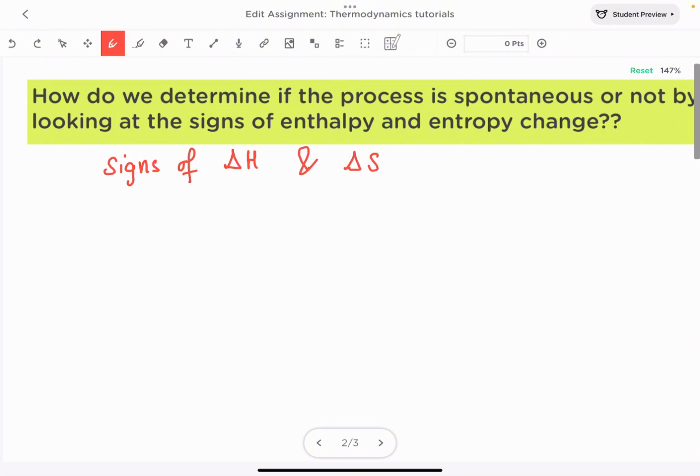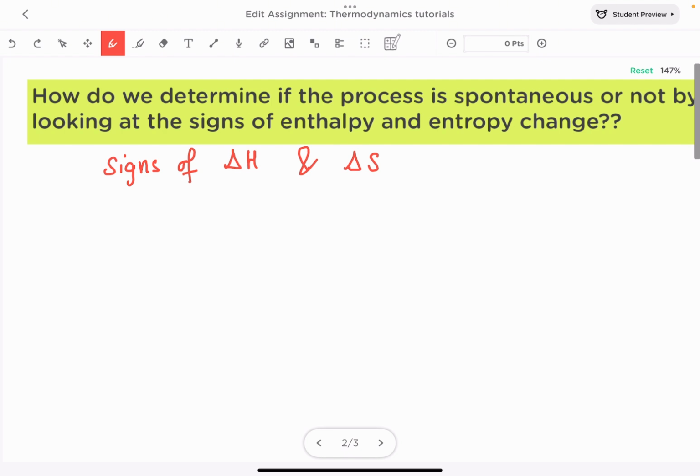Usually, an exothermic process with an increasing entropy is always spontaneous, while an endothermic process with a decreasing entropy is never spontaneous. So this is how I explain it.